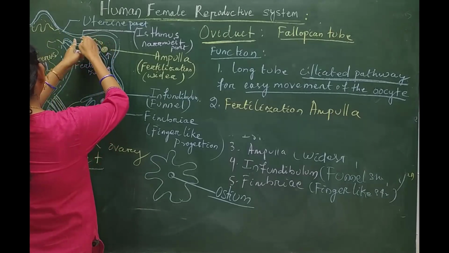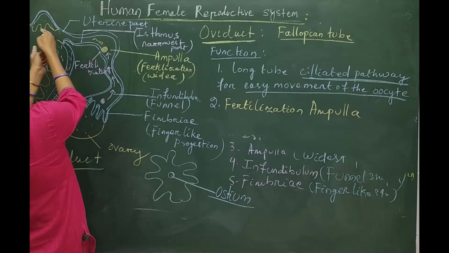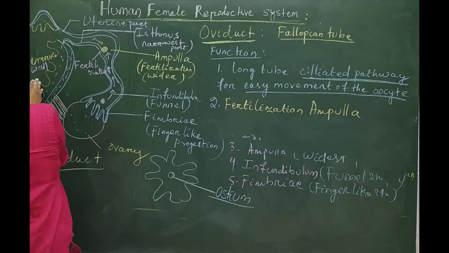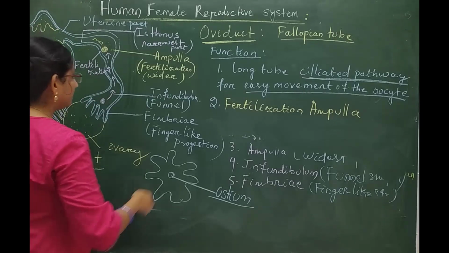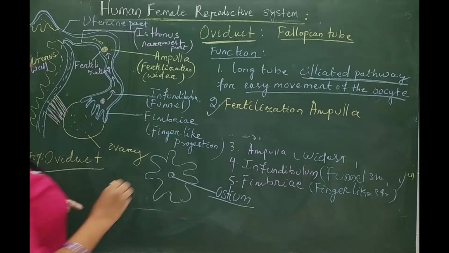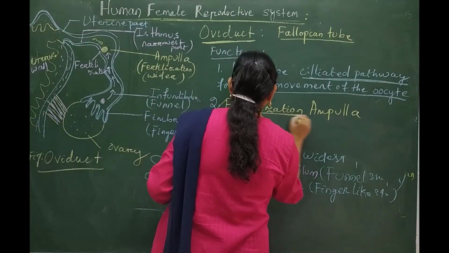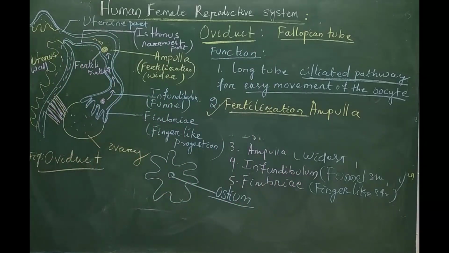Then it makes its path and moves through the isthmus, uterine part, and to the wall of the uterus for further embryonic development. The second and main important function of the oviduct is fertilization. The specific function of this oviduct is the fusion of two gametes.